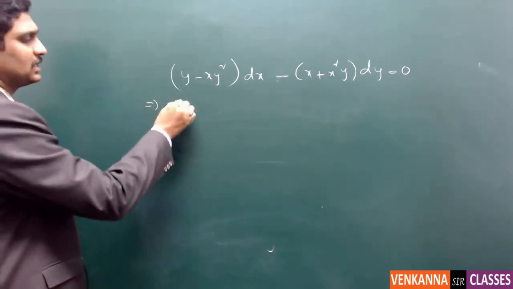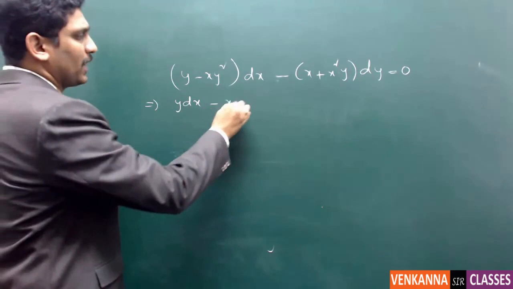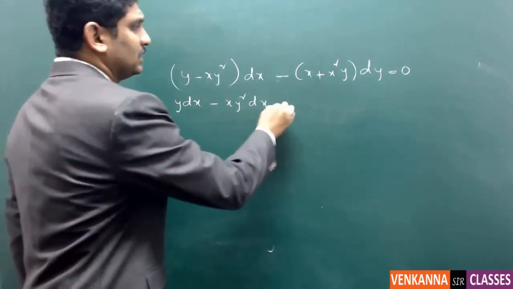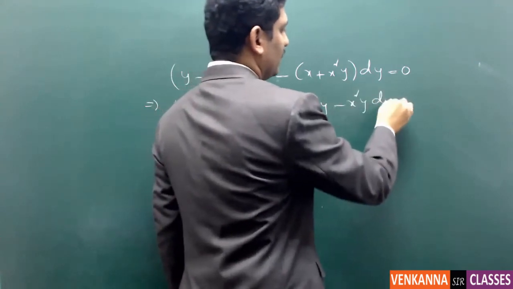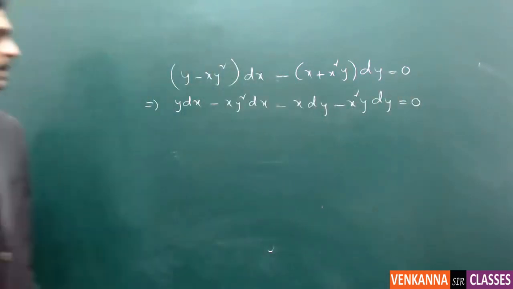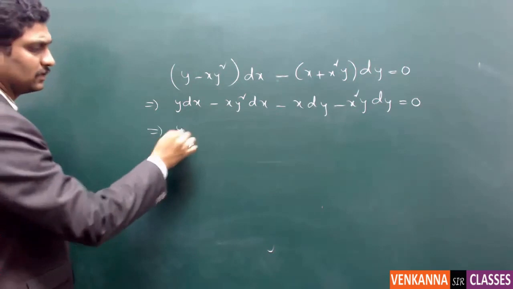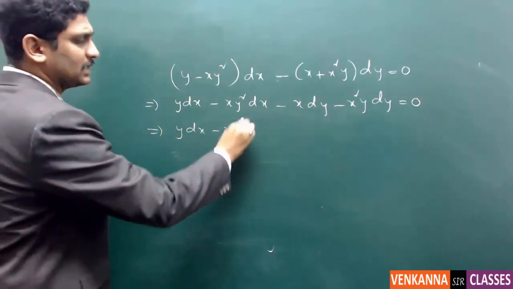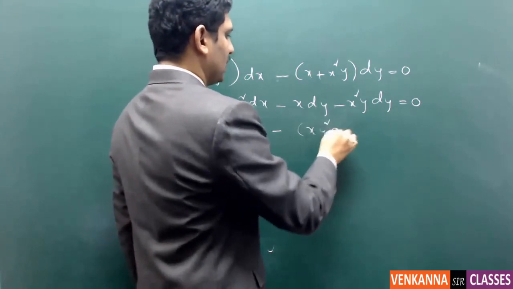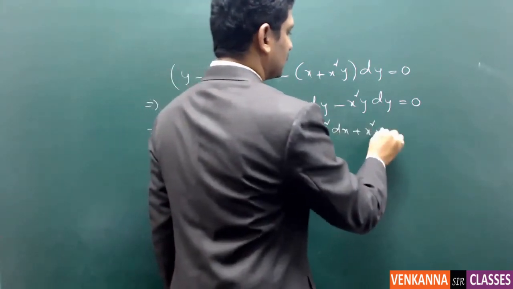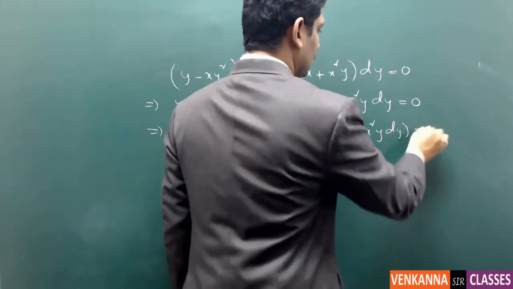So we can write it as y dx minus xy squared dx minus x dy minus x squared y dy equal to 0. And for convenience, (y dx minus x dy) minus (xy squared dx plus x squared y dy) equal to 0.